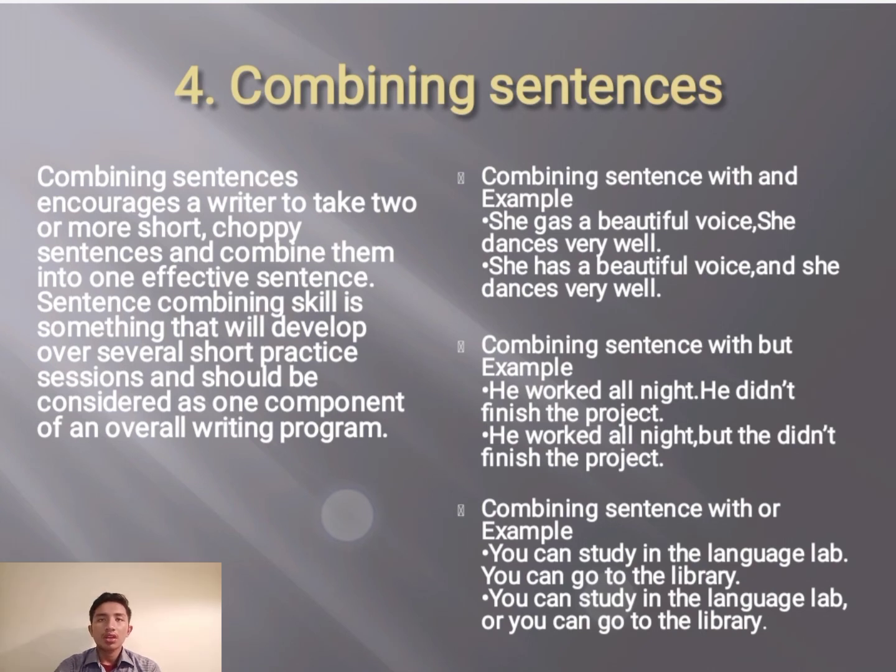Combining sentence with and. Example: She has a beautiful voice. She dances very well. The right is: she has a beautiful voice and she dances very well. So combining sentence with but.